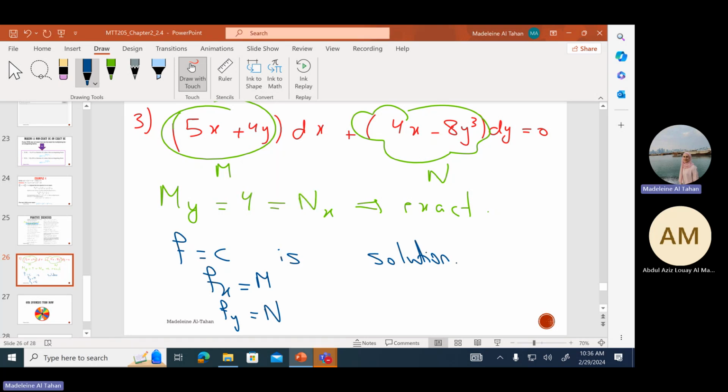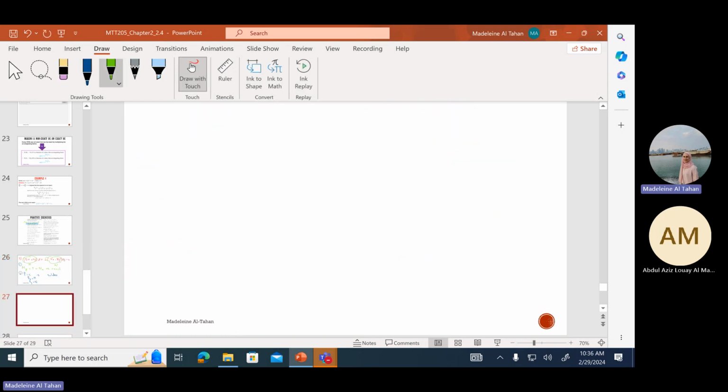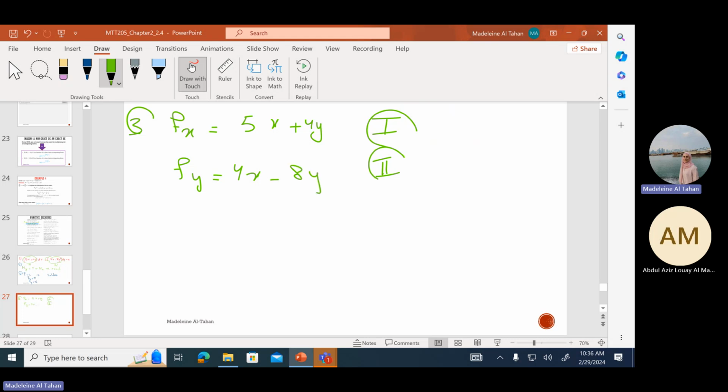So step number 1, step number 2: F_x is equal to M, you told me it's equal to 5x plus 4y. This is equation number 1. And equation number 2, F_y is equal to 4x minus 8y cubed, right? We got it.